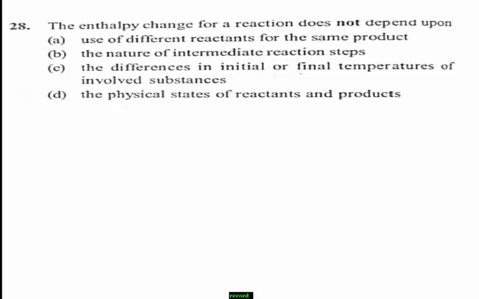If you know this concept, your answer is option B. The enthalpy change for a reaction does not depend upon the nature of intermediate reaction steps. Therefore, option B is the right answer.